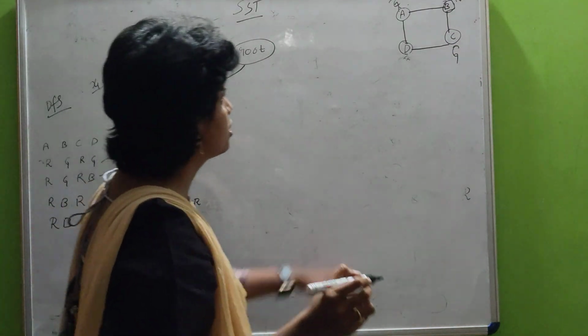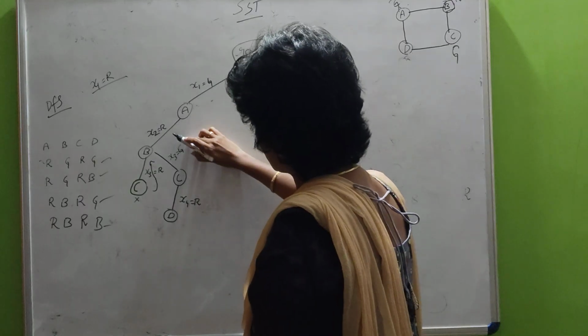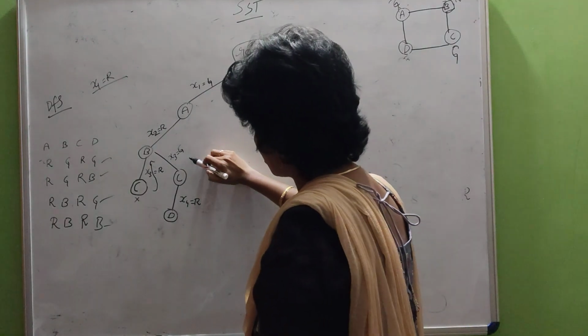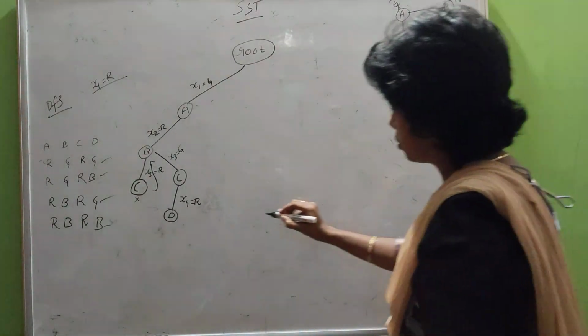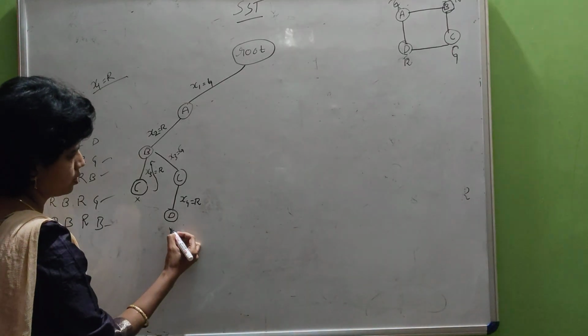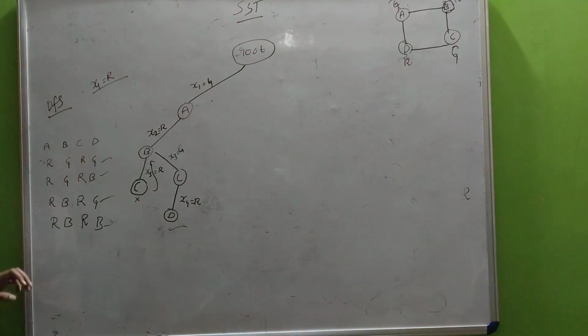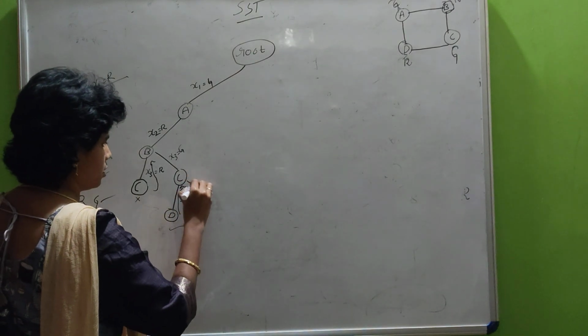Is that accepted? Yes. x1 is green, x2 is red, x3 is green, that is C is green, and x4 is red. This is also an accepted solution. See, this is also accepted. Fine. Now we can backtrack.